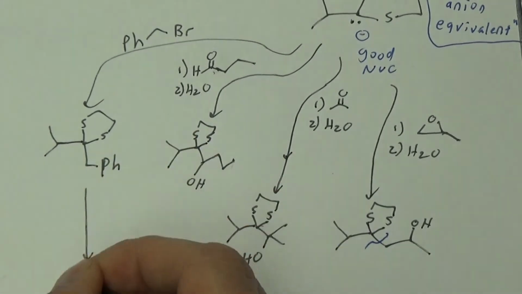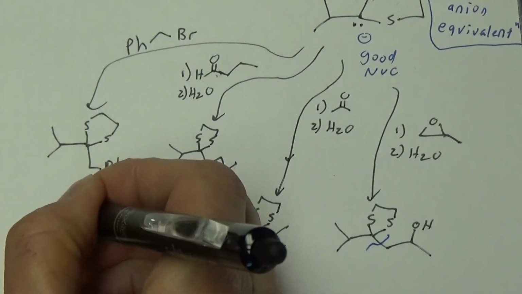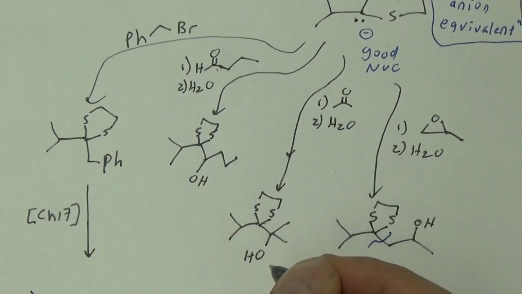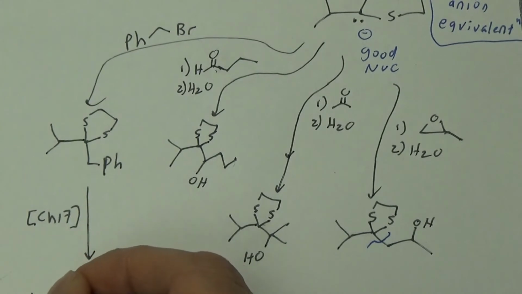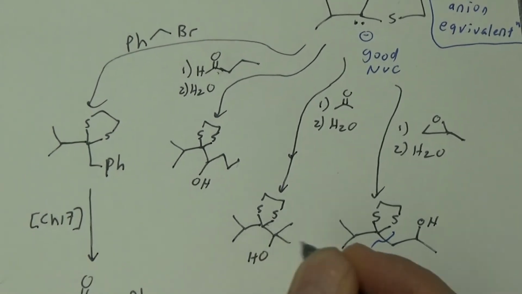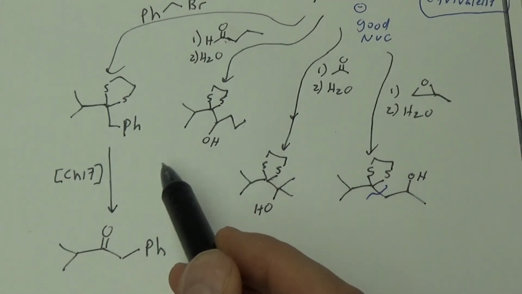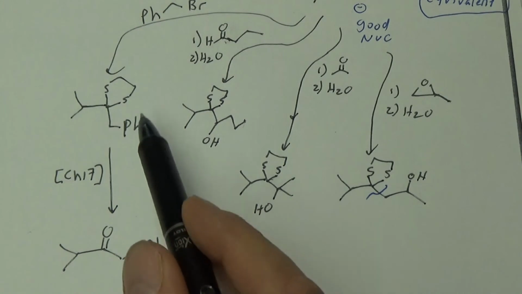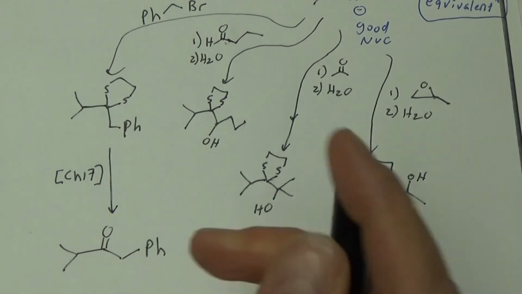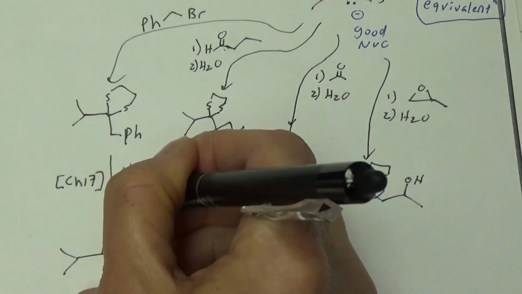How do we do that? Remember that? That's chapter 17 also. How do we return a thioacetal back to a ketone? We can do that with not acid water. That's how you do it for an acetal. But for a thioacetal, it was water and mercury chloride, HgCl2.